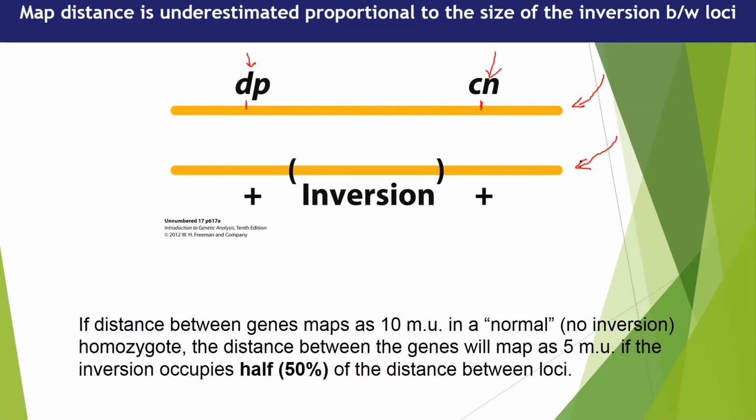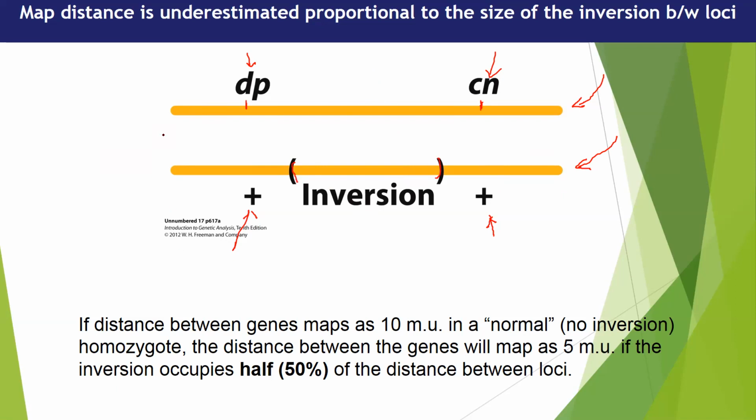But for the inversion chromosome, here we have a wild type dominant and another wild type dominant for this gene. However, for this chromosome, this region has been inverted compared to the normal. Okay, so let's see what happened.